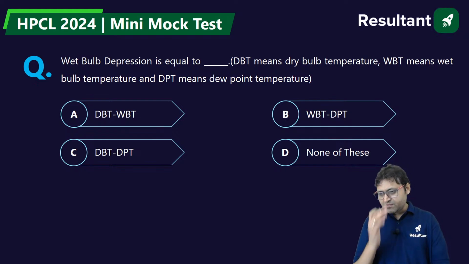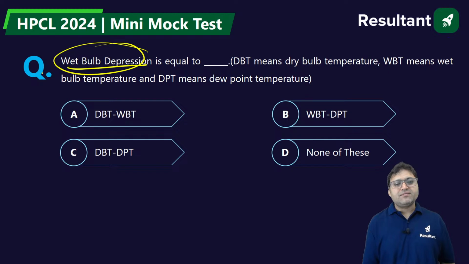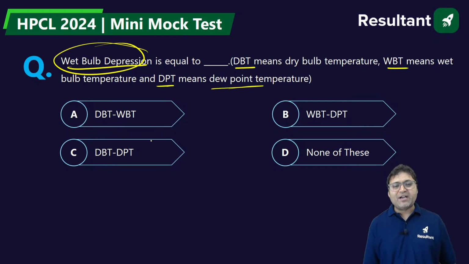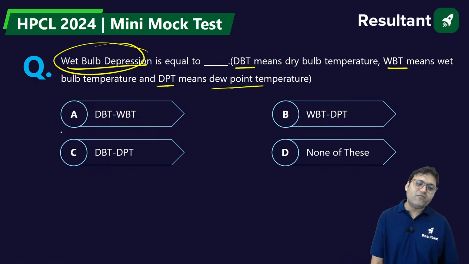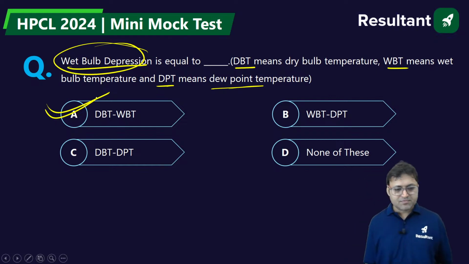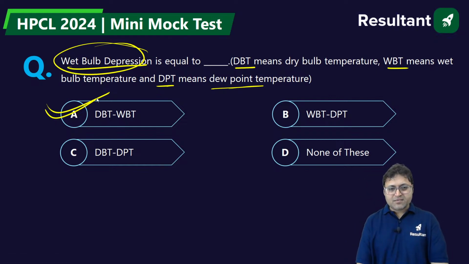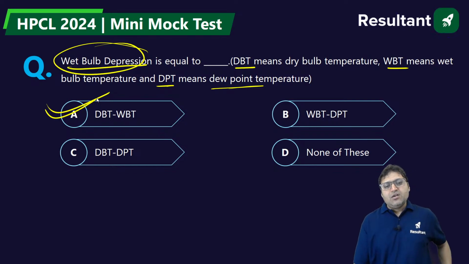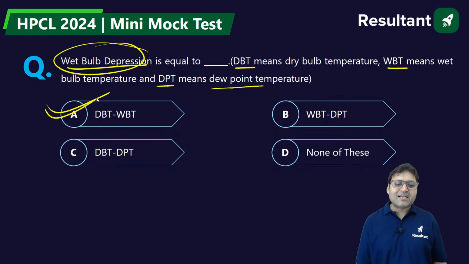The next one, the wet bulb depression. It is used in psychrometry. DBT means dry bulb temperature, WBT is wet bulb temperature, and DPT is dew point temperature. Wet bulb depression is the difference between the dry bulb temperature and wet bulb temperature. It is option A. The more the wet bulb depression, the drier the air, because the wet bulb depression is more when the wet bulb temperature is less.